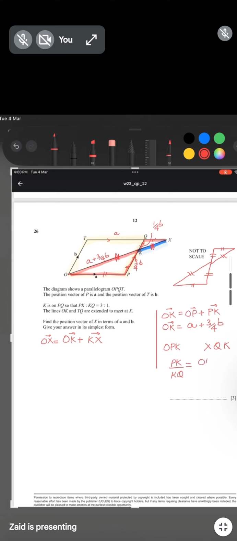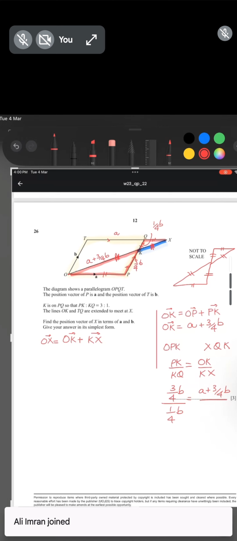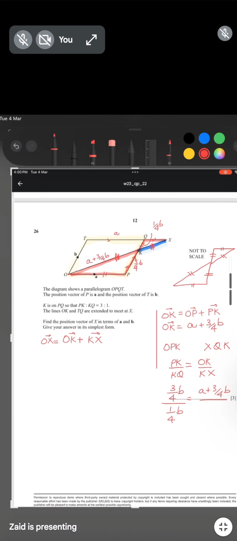So PK is 3 upon 4b, KQ is 1 over 4b, equal to OK, which is A plus 3 over 4b, and KX is what I have to find. 4 and 4 get cancelled, b and b get cancelled.